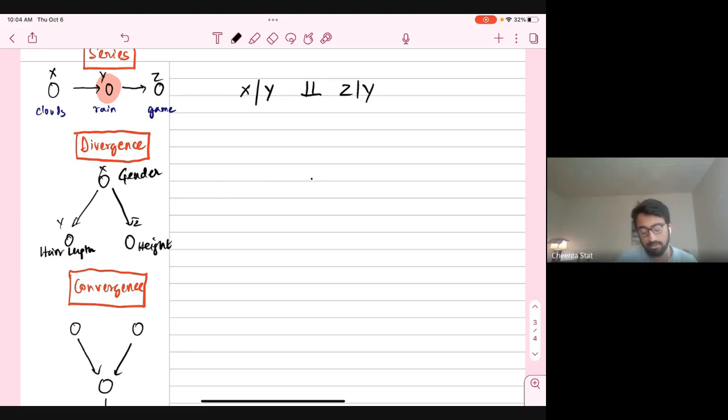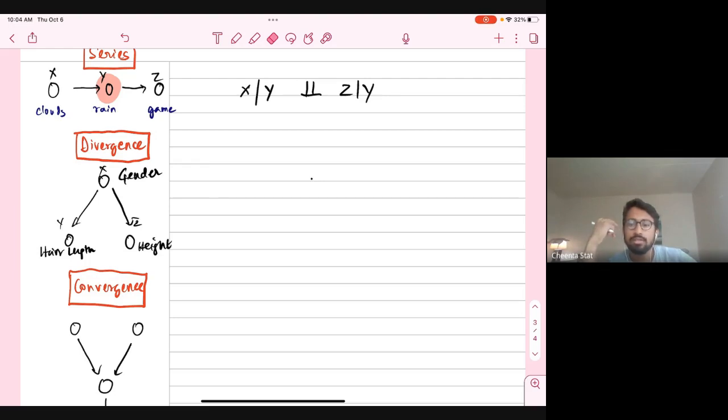Since they are not dependent, you don't see any arrow. But fever can affect heart attack, or heart attack can affect fever. That can happen. So you also have to make sure that Y and Z are not connected to each other. That's why I could not take fever and heart attack, because heart attack may imply fever.